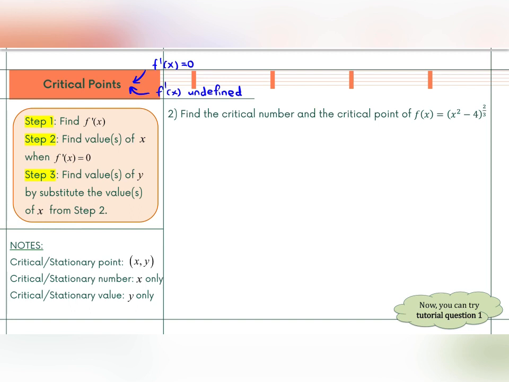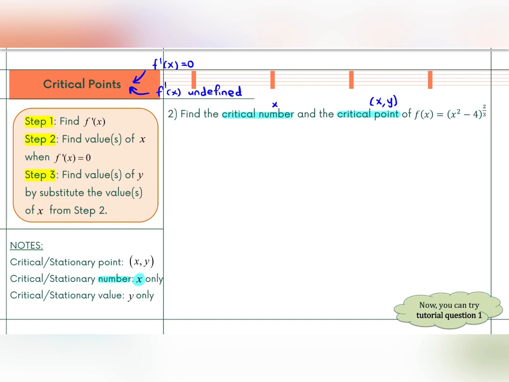Alright, so find the critical number and the critical point. So, this time dia minta critical number. So, kalau critical number, kita hanya bagi value of x lah. Dan macam tadi, critical point kita akan bagi value of in terms coordinate form.